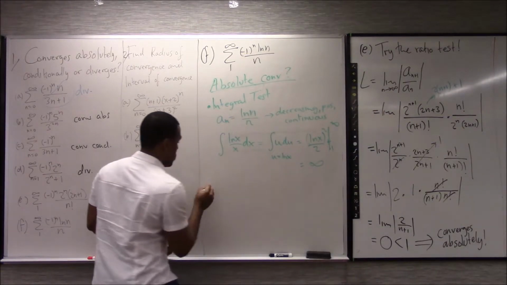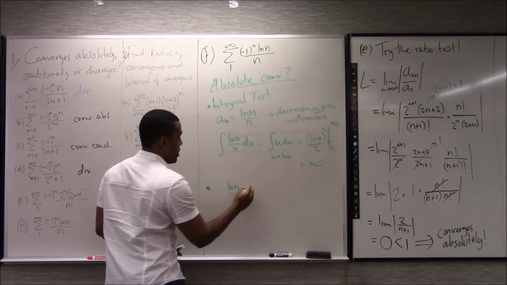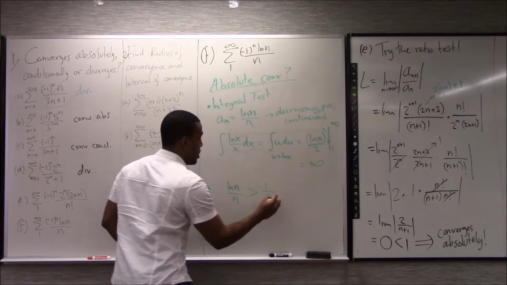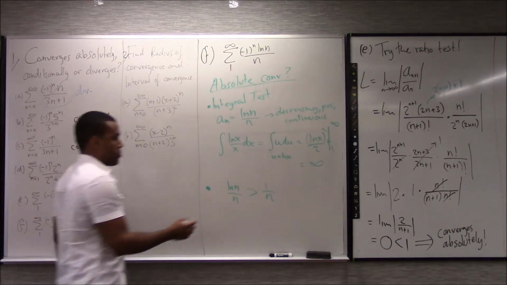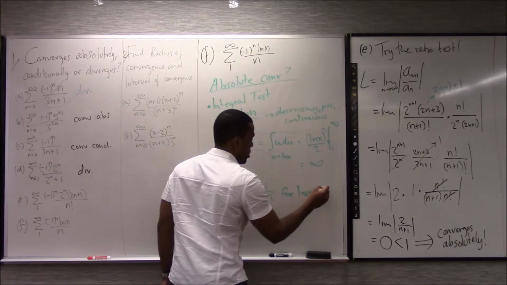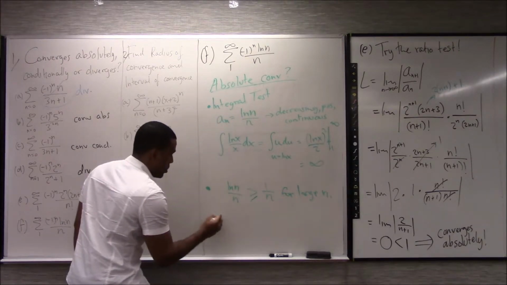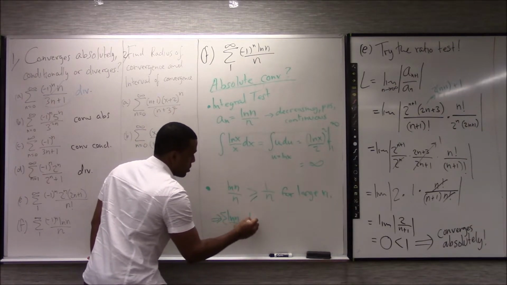You could also do a comparison. Notice that ln n over n is bigger than 1 over n, which means the series of ln n over n diverges by comparison.